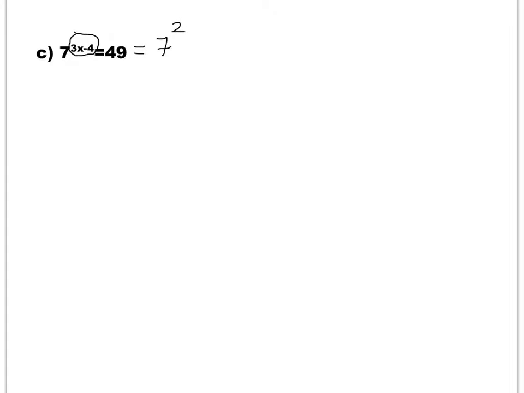So this means, since the bases are the same, 3x minus 4 is equal to 2. To solve this linear equation, I'm going to move negative 4 to the right. I get 3x is equal to 4 plus 2. Negative 4 becomes positive 4. 3x is equal to 6. Divide both sides by 3. I get x is equal to 2.